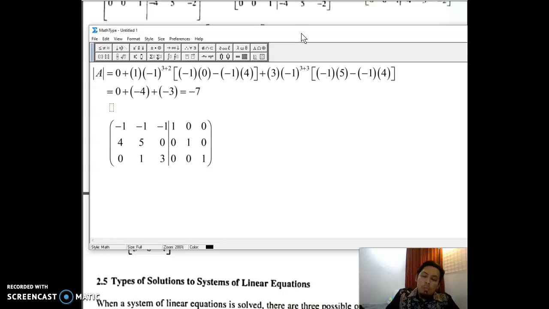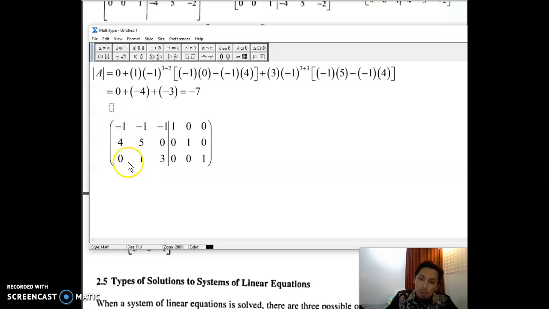Okay, now how do we calculate ERO? We need to actually use the calculations that are allowed in ERO. As I said before, the first thing available in this ERO method is to interchange between the rows. We can change 1 with 2, 1 with 3.